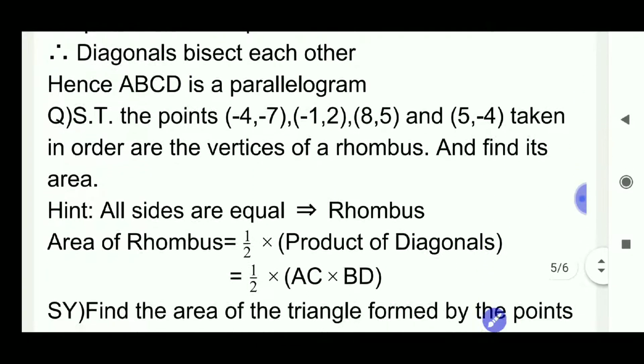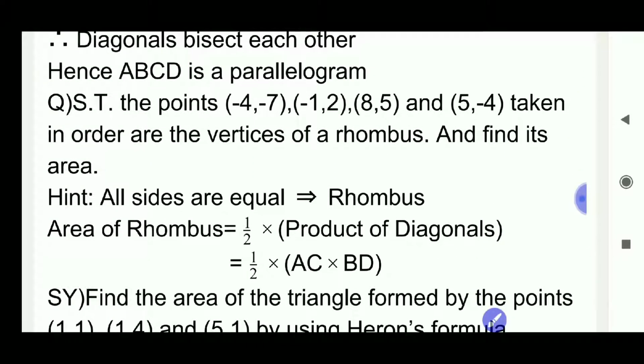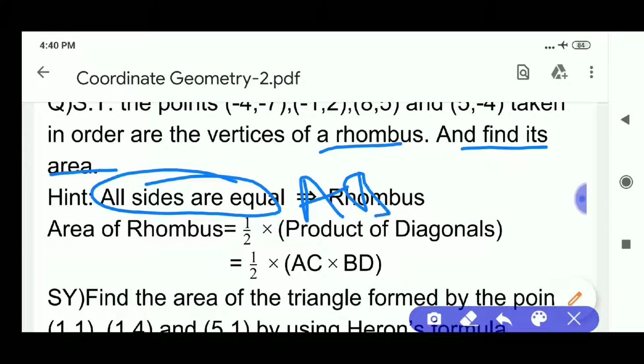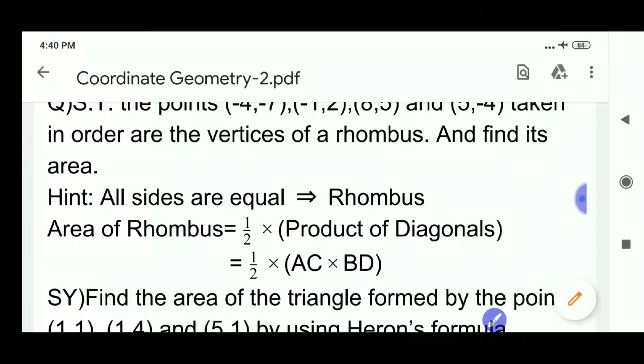One more question. Show that the points taken in order are vertices of a rhombus and find its area. We already told you rhombus means all sides should be equal. In this question, show all sides are equal. That means AB equals BC equals CD equals DA. And in this question, he asked to find its area.